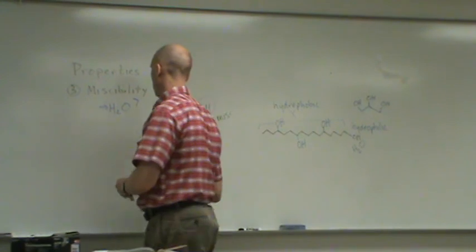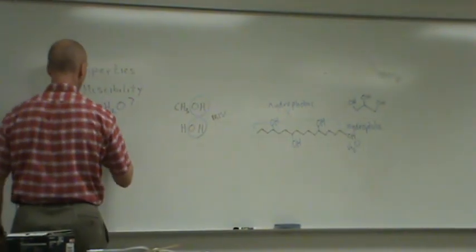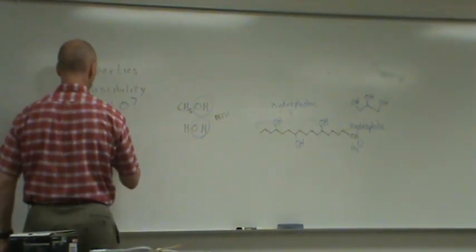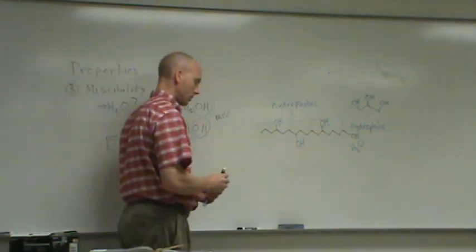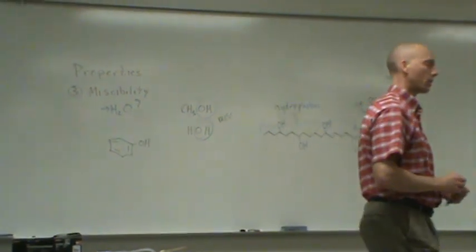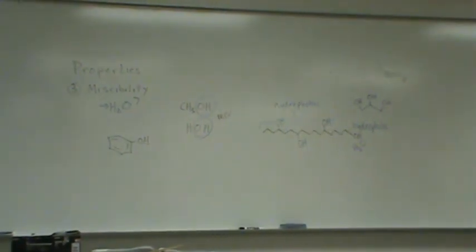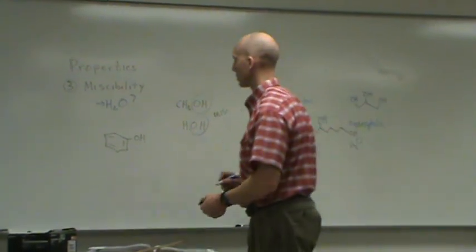Before we go, there's another kind of alcohol that's on this six-membered ring with alternating double bonds. This is what's called phenol.